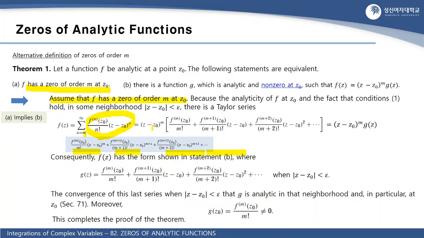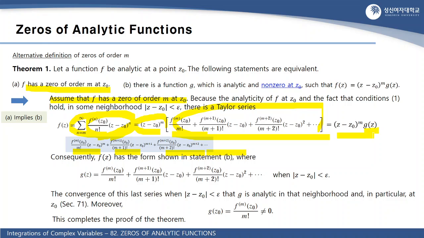Then we factor this expression into two parts. The first is (z - z0) to the power of m, and the second is this. We are going to denote this part by the function g(z).